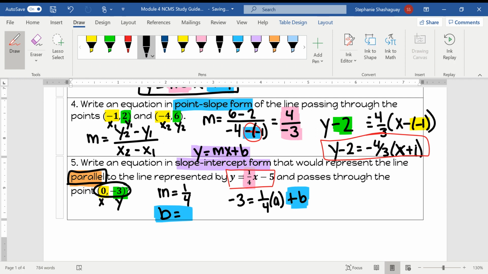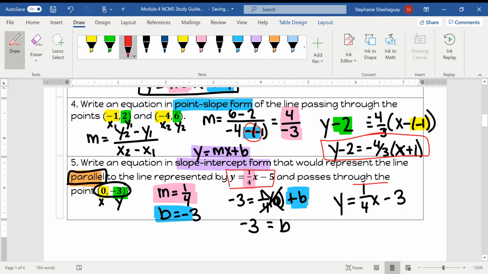Well, this was pretty simple because 1/4 multiplied by 0 just cancels out. So that means that b is just equal to -3. So now that I have my slope and I have my b, I can write my equation in slope-intercept form, which is y is equal to 1/4 x minus 3, because that was the value of my b. And this is my final answer.